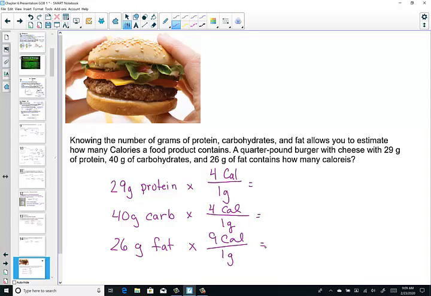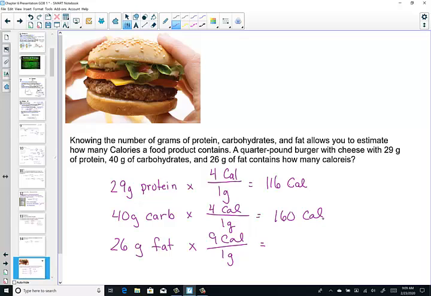Let's go through and find each individual's contribution to the total. 29 times 4. So from proteins, we're getting 116 calories. 40 times 4 gives us 160, the contribution from the carbs.